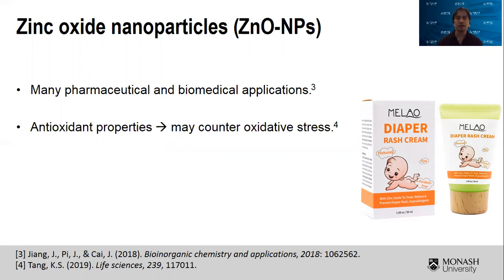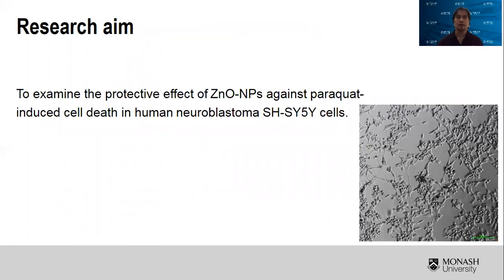Since oxidative stress plays a crucial role in the pathogenesis of Parkinson's disease, we hypothesize that zinc oxide nanoparticles can be used to treat Parkinson's disease. This study aims to examine the protective effect of zinc oxide nanoparticles against paraquat-induced cell death in human neuroblastoma SH-SY5Y cells.